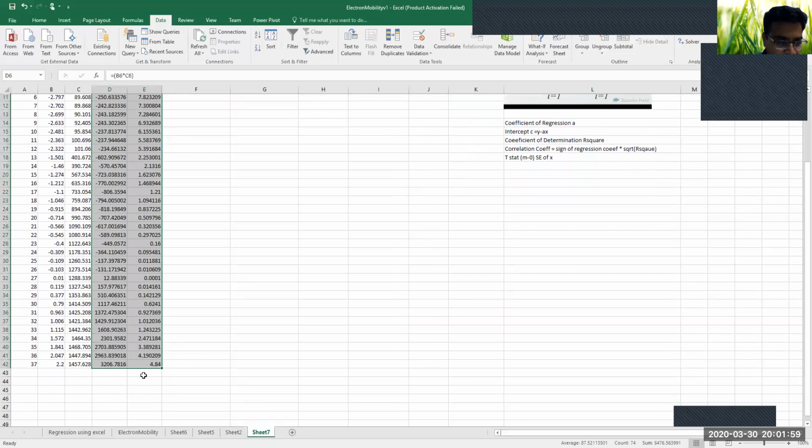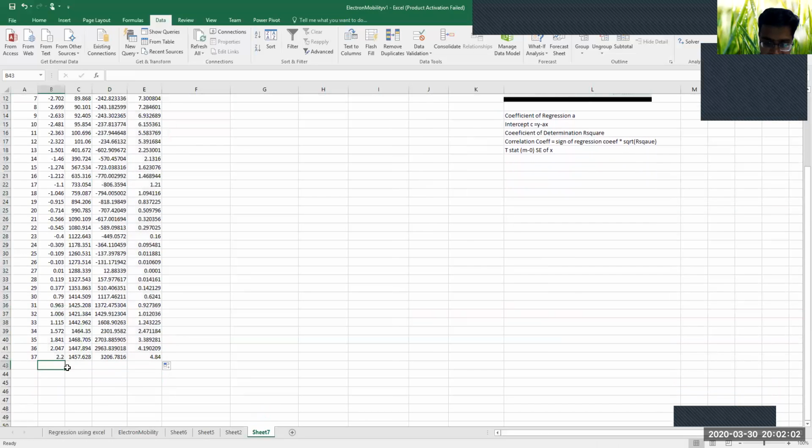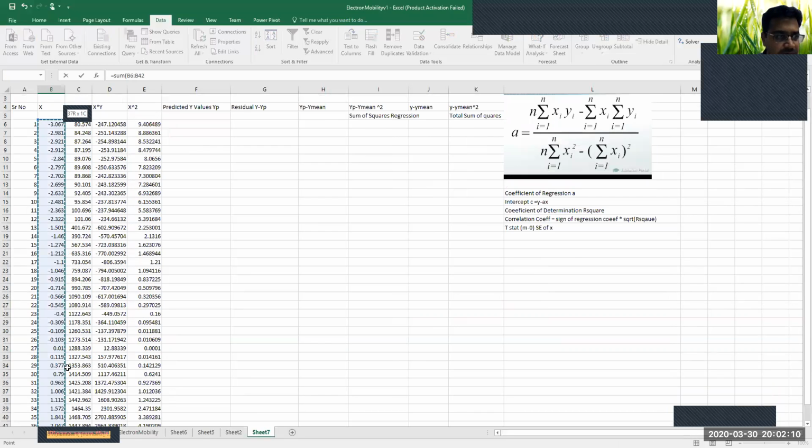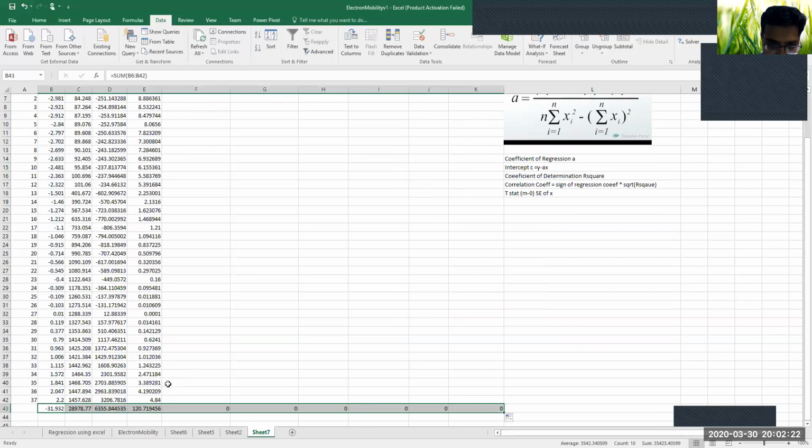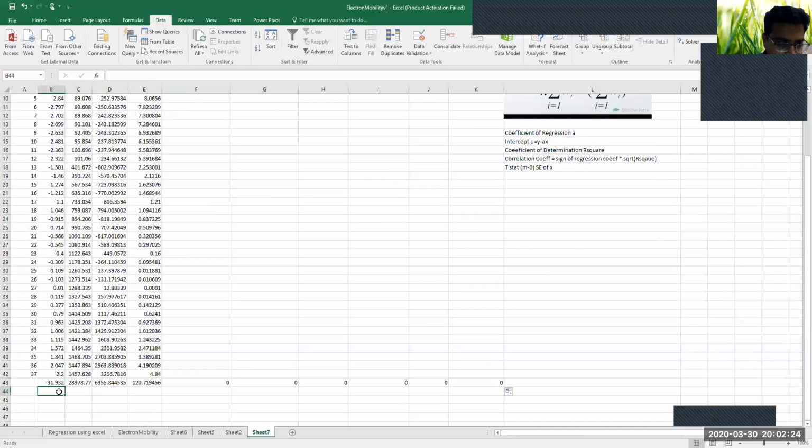Okay. Here we'll do some important things. We'll take equal to sum of each of these columns, and we'll extend this sum. We'll also calculate mean of y and x.